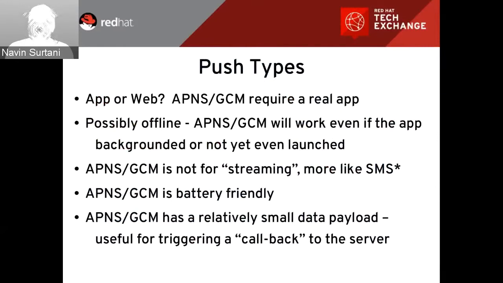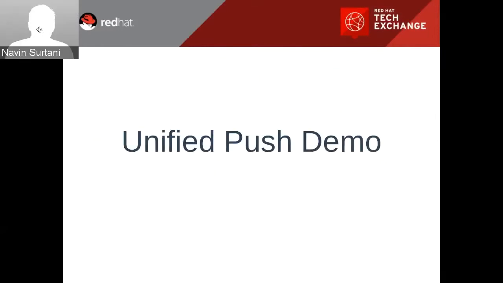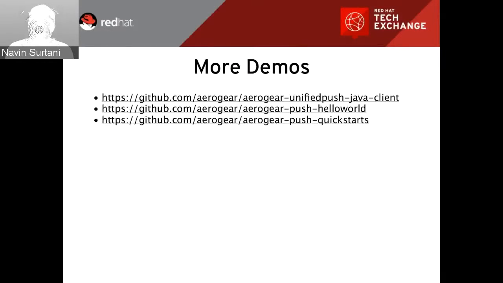So an HTTP request will be able to invoke these REST endpoints and push messages. Next slide. So, unified push demos. I'm going to pass over to Naveen, and I'll take over after his presentation to talk about mobile.next.